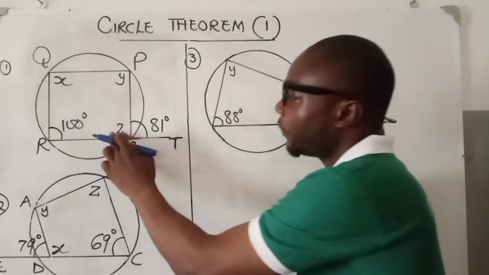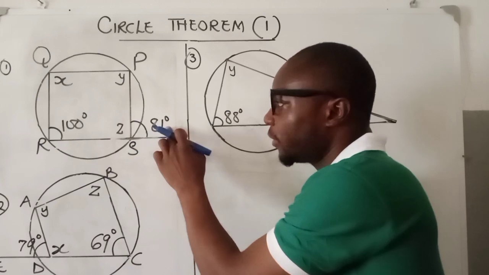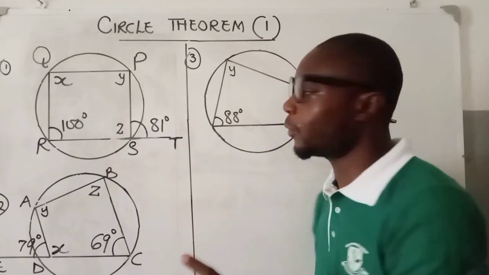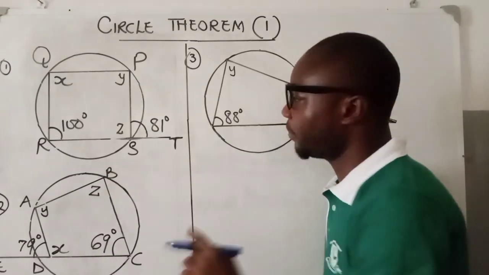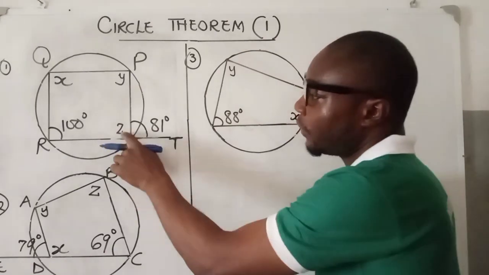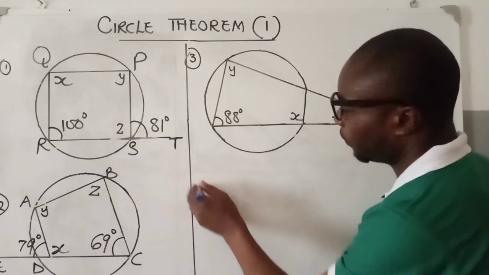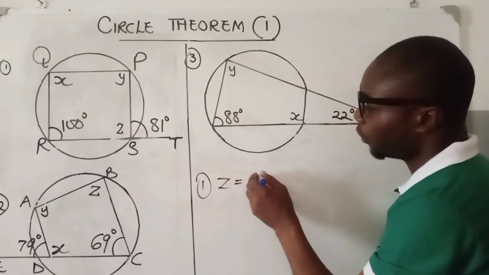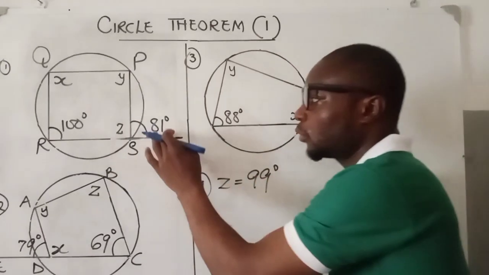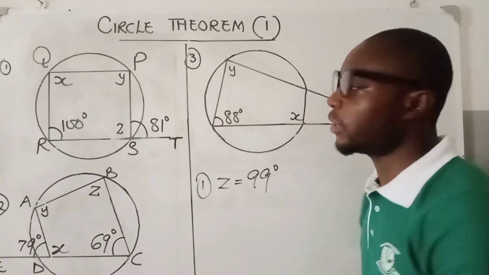So to get the value of z, we'll just deduct 81 degrees from 180 degrees. In other words, 180 degrees minus 81 degrees gives us 99 degrees. So the value of z in question 1 is equal to 99 degrees, because the total sum of angles on a straight line is equal to 180 degrees.